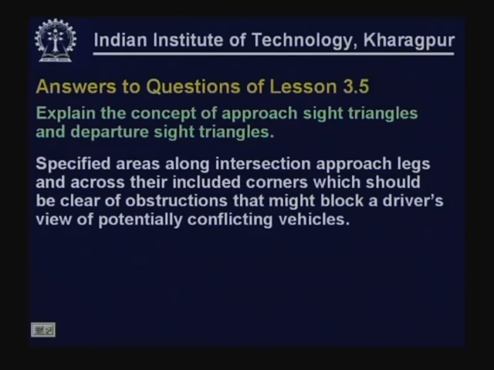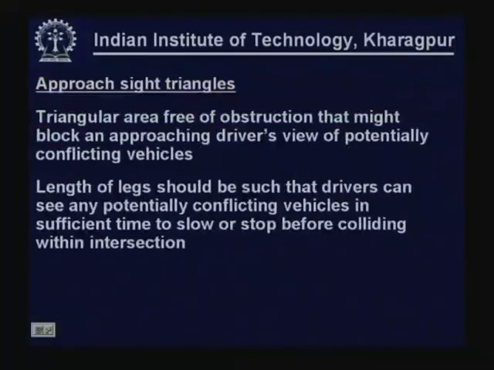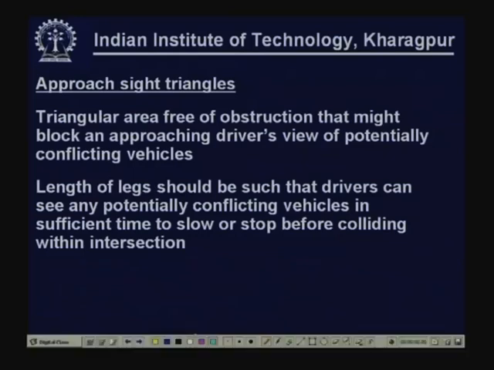So, we have a major road and a minor road. What is the triangular area that should be free from obstruction? That is side triangle. Now, approach side triangle is the triangular area free of obstruction that might block an approaching driver's view, that means vehicle is in motion, of potentially conflicting vehicles.